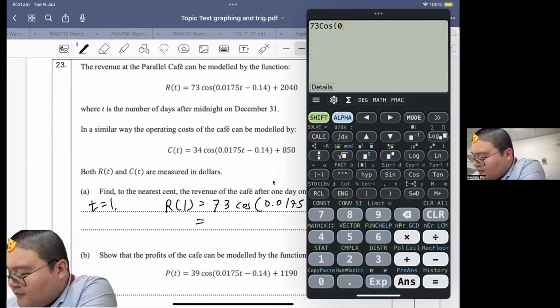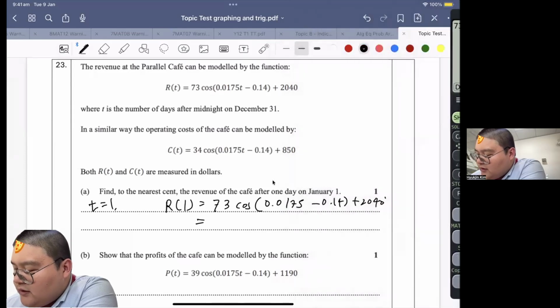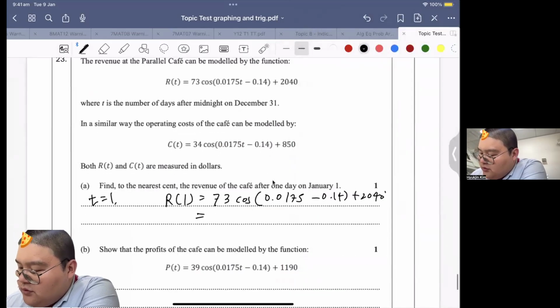This is going to take a while. 2,112.99. Why is a number like this? 2,112.99. 2,113.